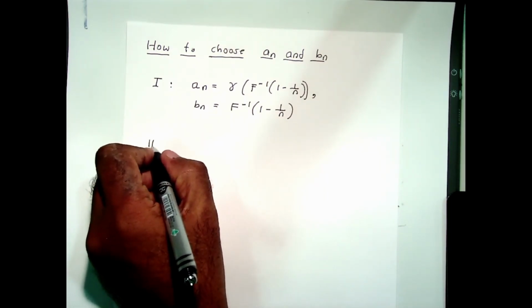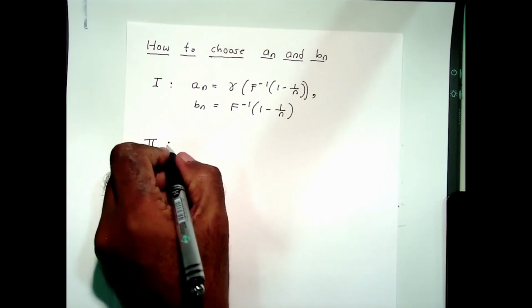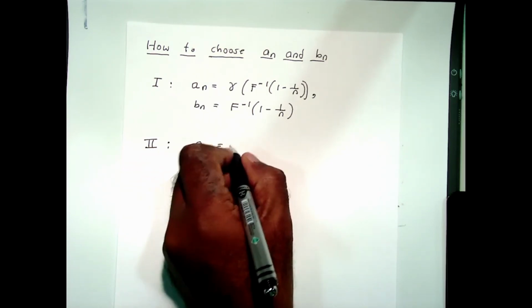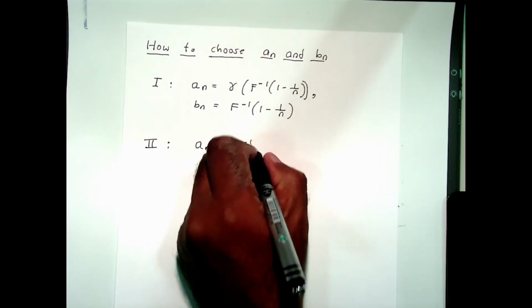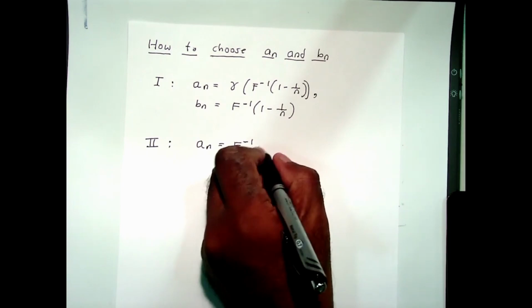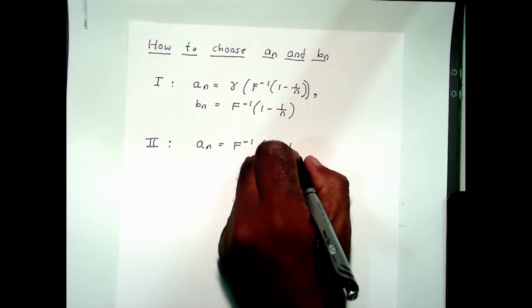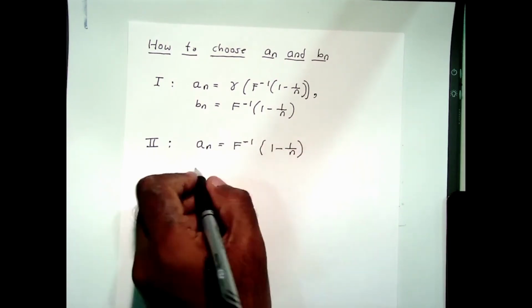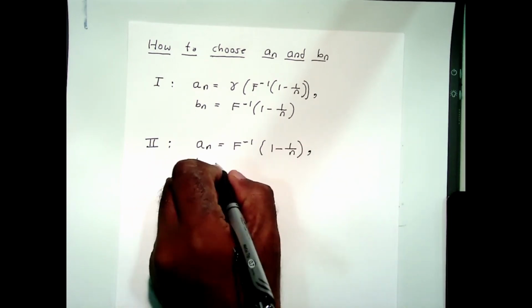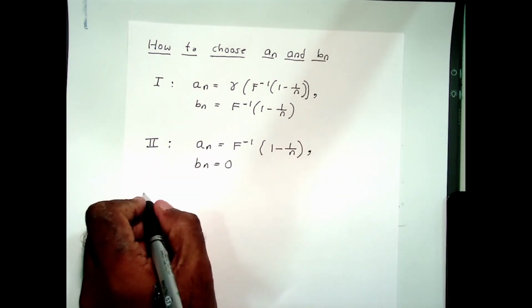So if the second condition is satisfied, then an is equal to this, and bn is equal to 0.